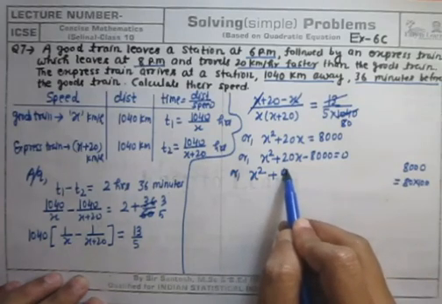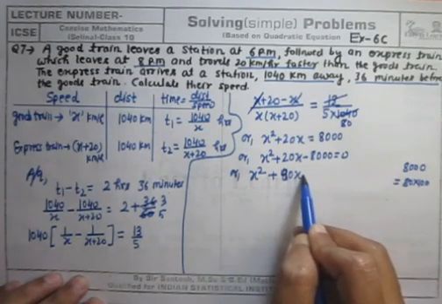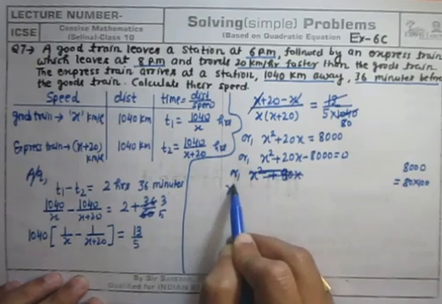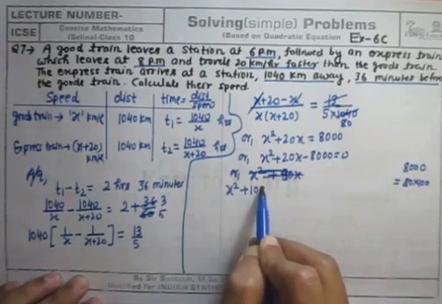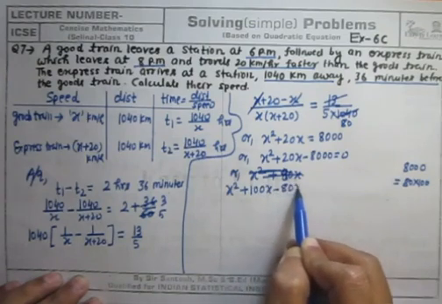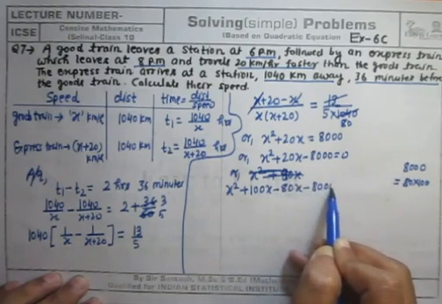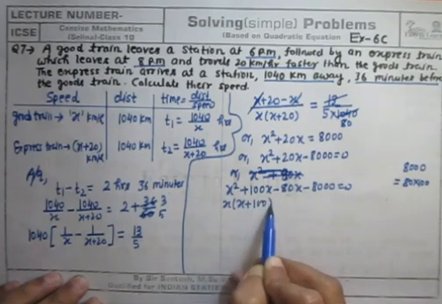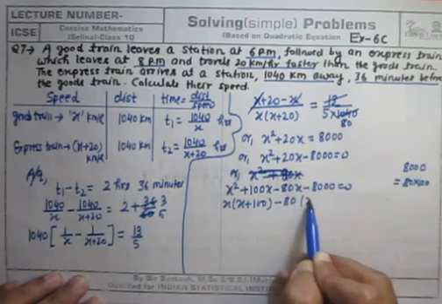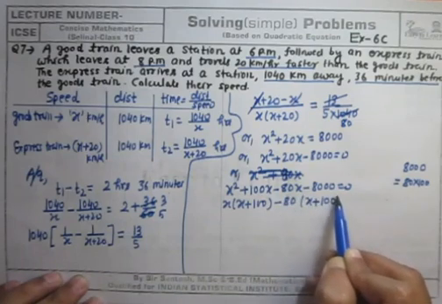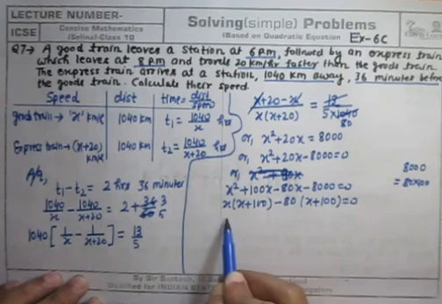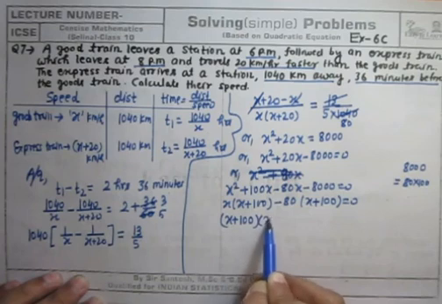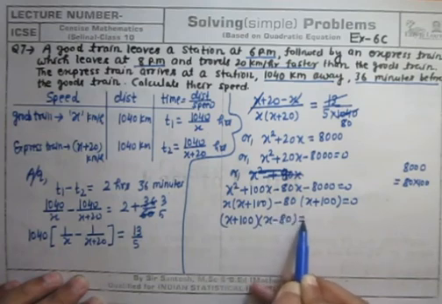So you write x square plus 100x minus 80x minus 8000 equal to 0. Now take x common here, x plus 100, and minus 80 common from here, so x plus 100. So x plus 100 into x minus 80 equal to 0.